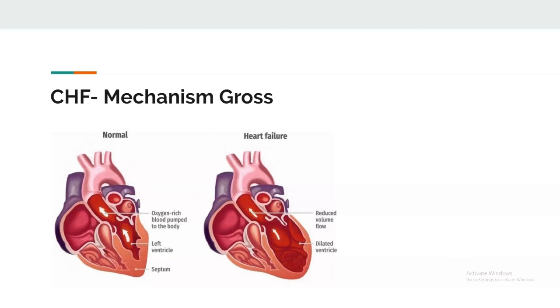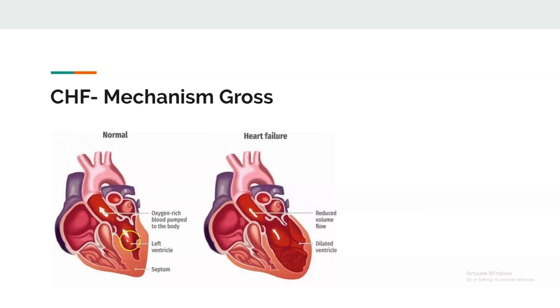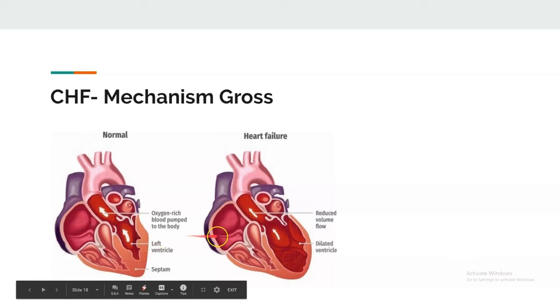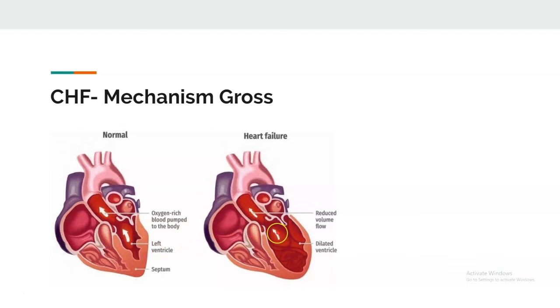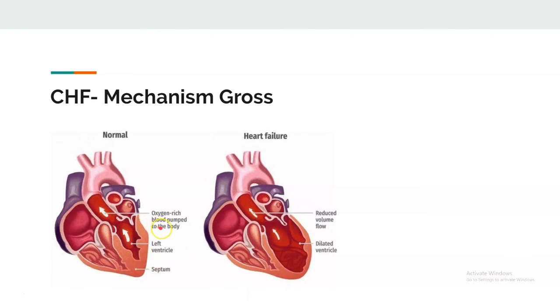So we have a gross mechanism here, and I mentioned that it could be due to the improper function of these valves here, but it can also be due to the narrowing or widening of the ventricle itself. Here we see a normal heart, and the ventricle, which is going to pump blood out, and that's all well and good.